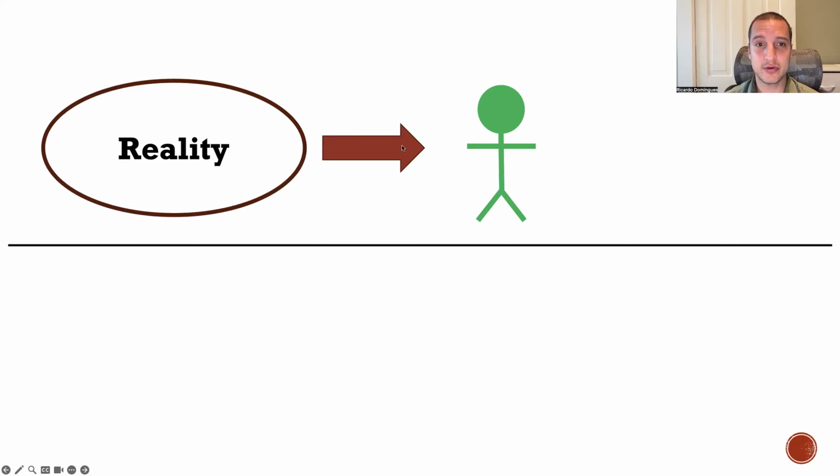This arrow is indicating that learning is absorbing reality. That perspective is known as objectivism. Objectivism claims that reality exists externally to the individual, and learning means absorbing that reality. Most of us hold that ontological perspective on reality, even if it is implicit.